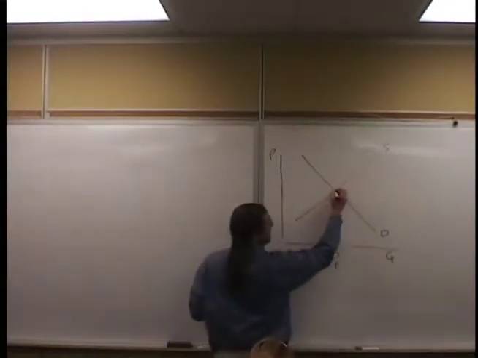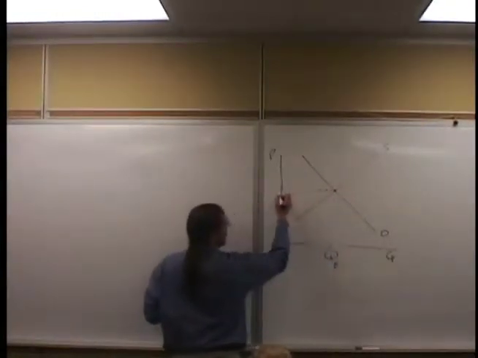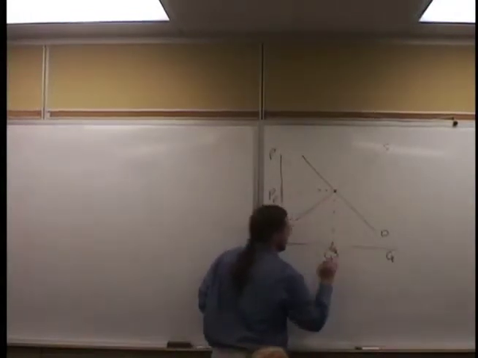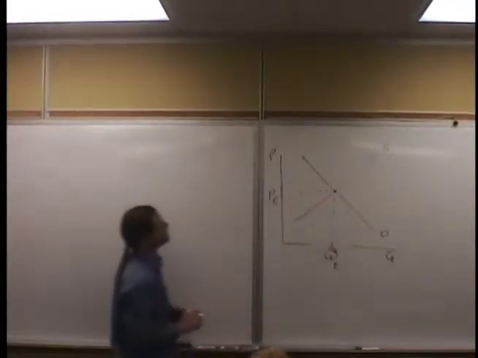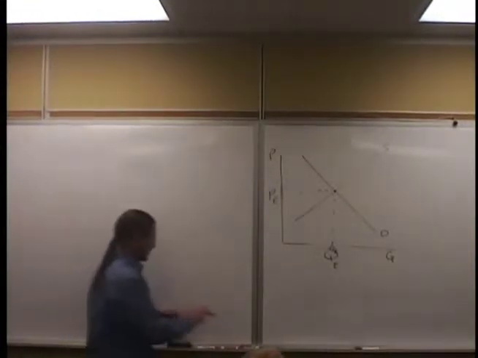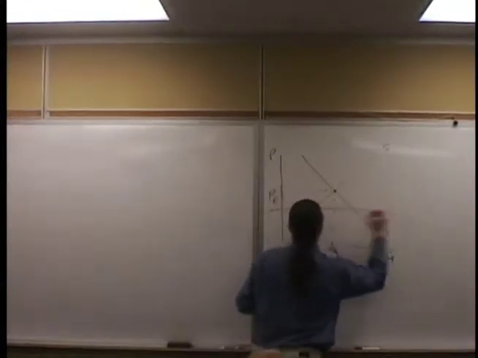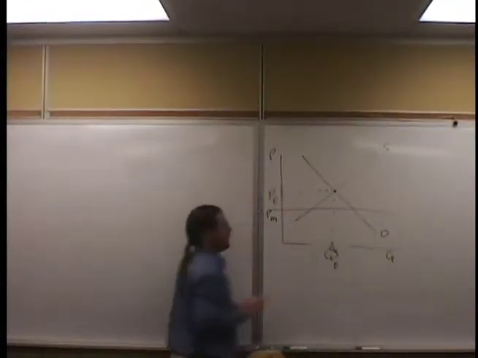Okay, here is our equilibrium. Remember that this sets an equilibrium price and an equilibrium quantity, which stayed the same. All right, so now we're going to set the price too low. What happens when the market price is too low?